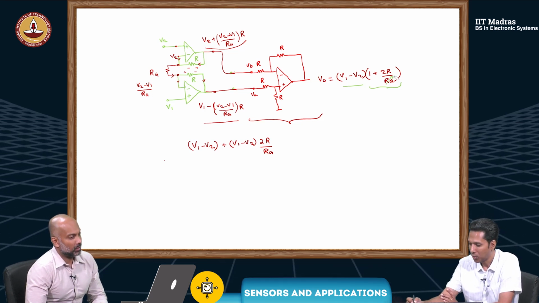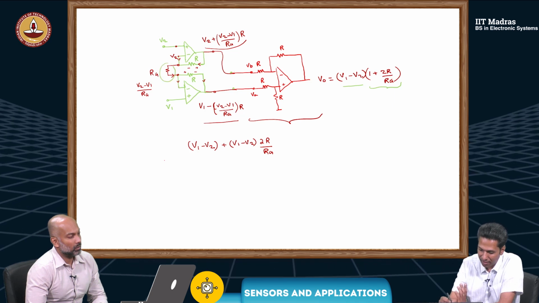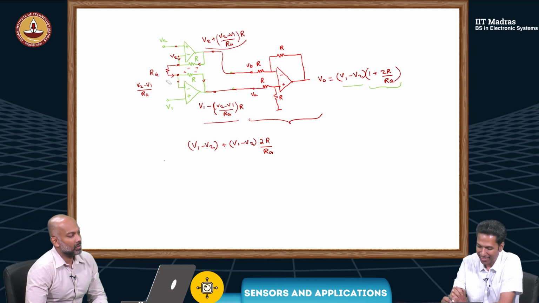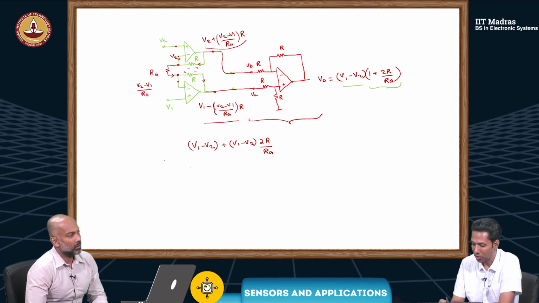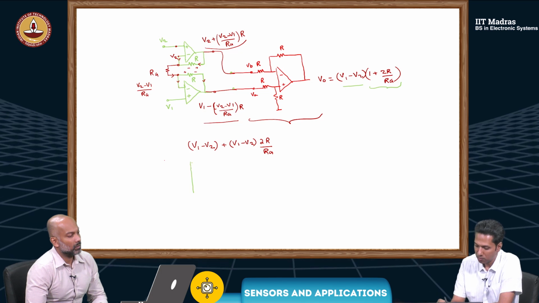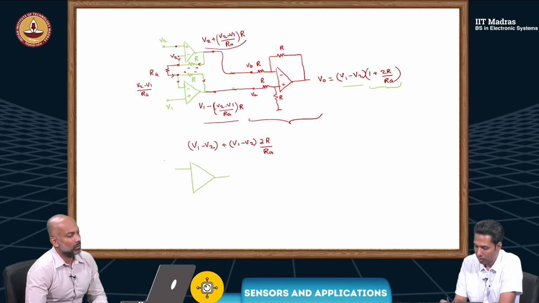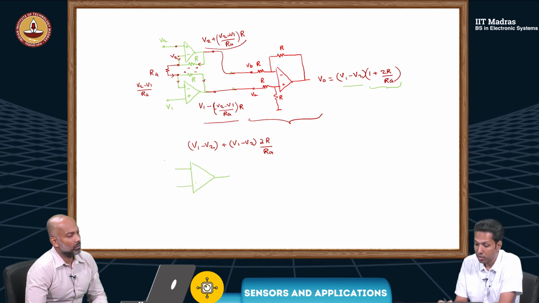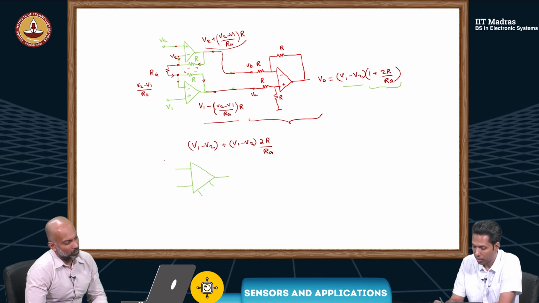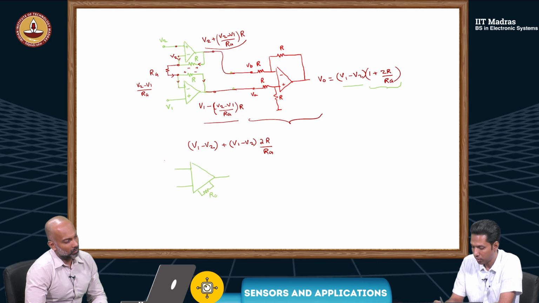That's the reason this Rg is kept in the drawing outside. If this is available as an IC, we will be getting only these two terminals, V2 and V1, and then there will be two other terminals to connect the Rg that you want.